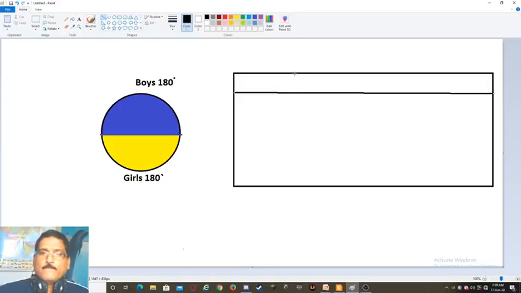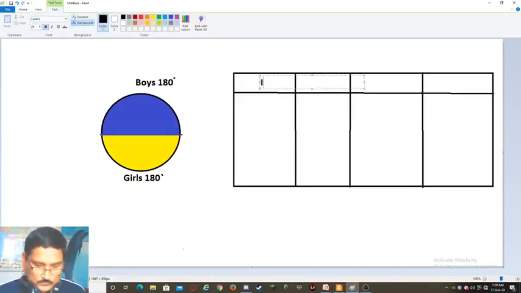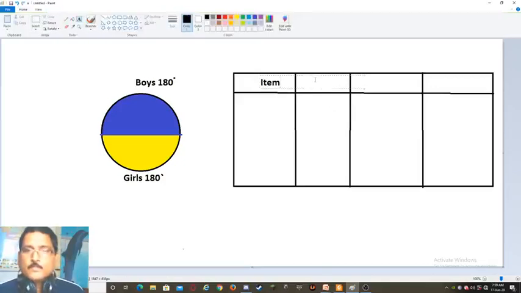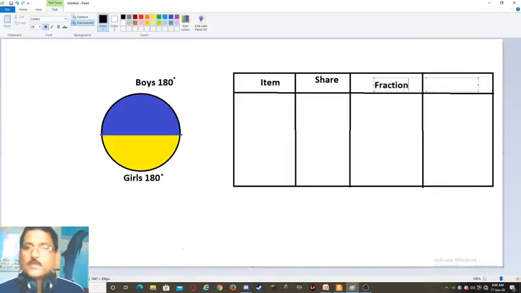Item, share, fraction, and then central angle.